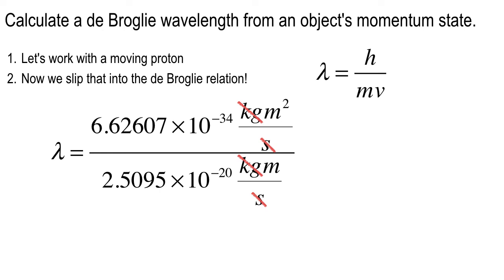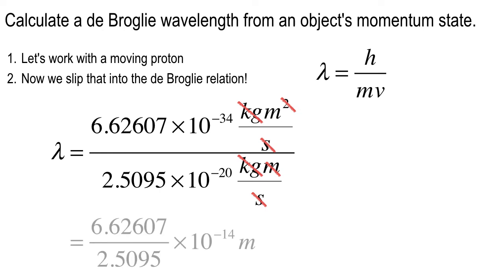One unit of meters in the bottom, one on top, so we're left with one unit of meters on the top, and that's good because we're trying to figure out a wavelength. We want lambda to come out to some number of meters. Now we just have to calculate this. It's going to be 2 point something times 10 to the minus 14 meters.